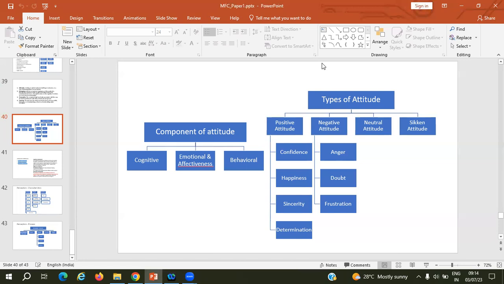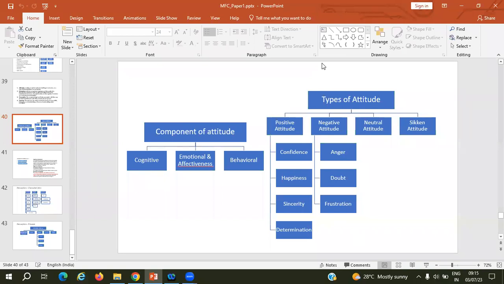Neutral attitude. Neutral attitude means it's neither positive nor negative. That means a person is neutral. You have seen persons who have no interest in anything. They will say no or yes, nothing. Whatever you do, they are okay with that approach.